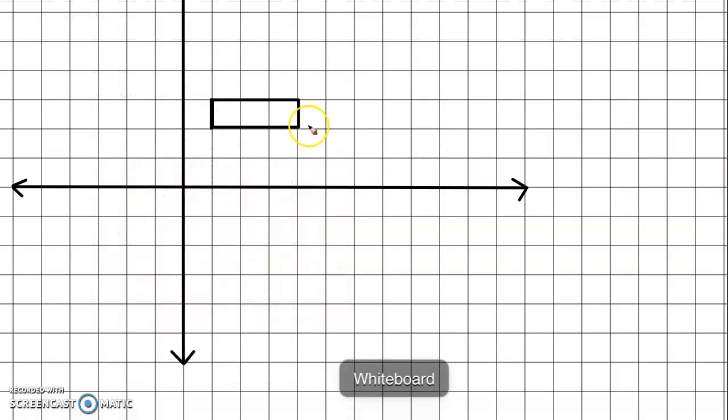Take, for example, this rectangle on this coordinate plane. What I'm going to ask you to do today is take a two-dimensional shape and translate it and write a rule for it. We take each point, and we might be asked to move in a direction, which would be down or up. In this case, we're going to go down, and it's going to tell us not only the direction, but how far.